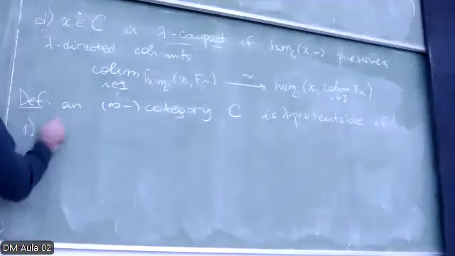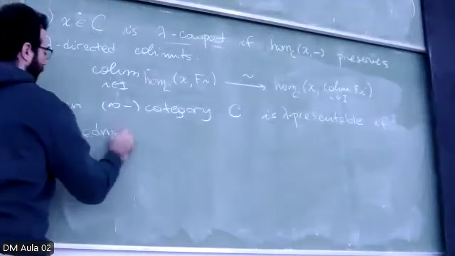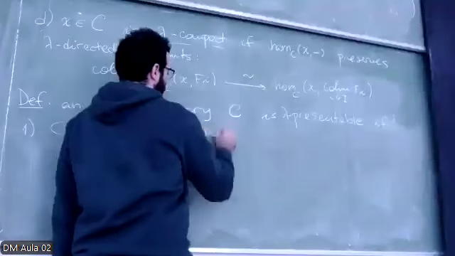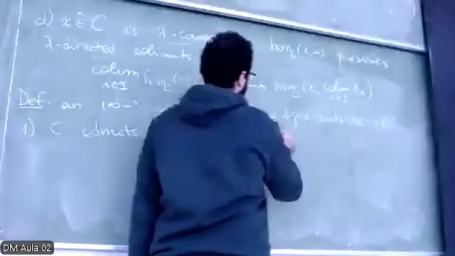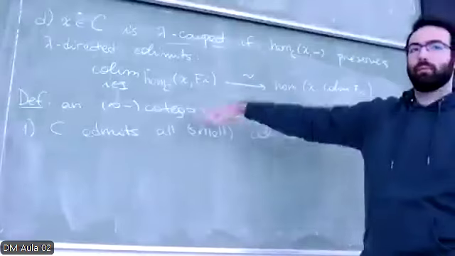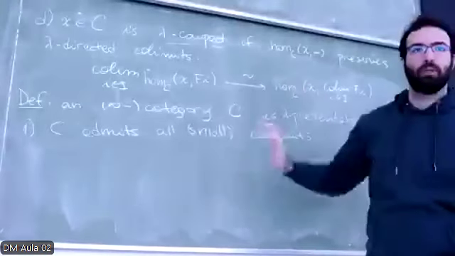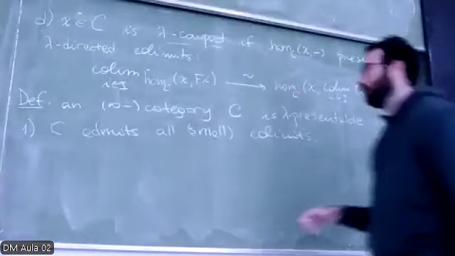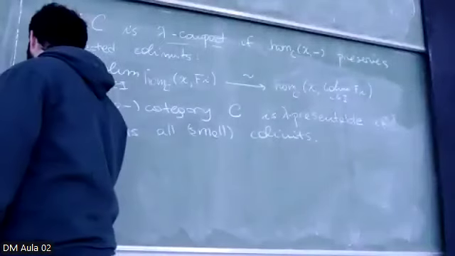One is C admits all small colimits. Small means small for some other kappa different from lambda. Colimits indexed by categories which are small in some sense. You can forget about this if you don't know the distinction.